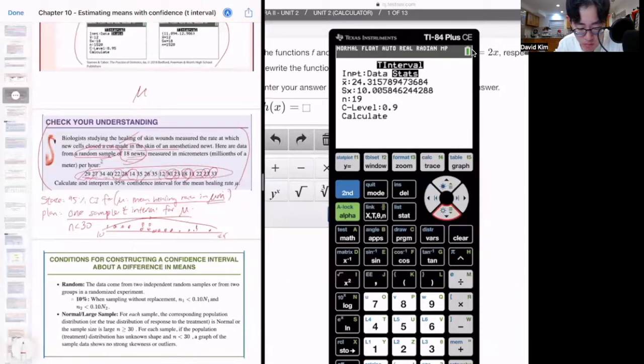Our degrees of freedom is 17 because it's 18 minus 1. The confidence level here would be 0.95. That means our interval is between 19.171 and 29.46. We are 95% confident that this interval captures the true mean healing rate in micrometers after a cut in an anesthetized newt.